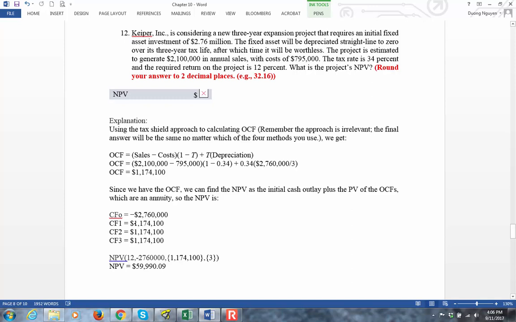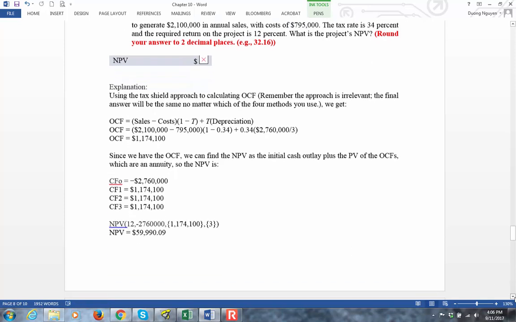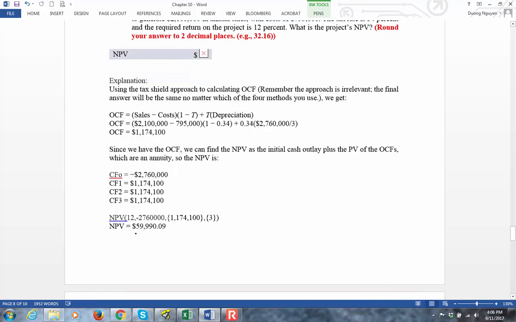The cash flow from year 1 to year 3 is equal to the operating cash flow, $1,174,100. So you put it in the calculator, you calculate NPV, and you get NPV equal to 59,990.09.